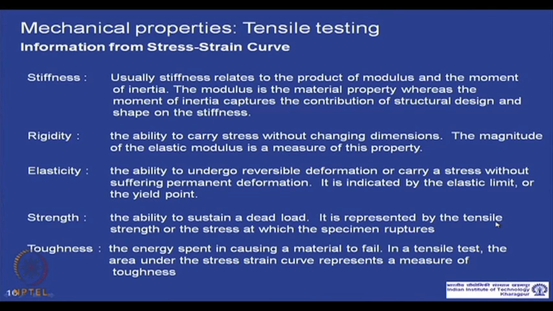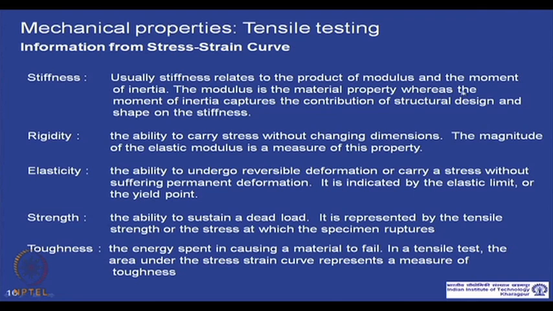Some terms related to tensile testing: stiffness is usually related to the product of modulus and the moment of inertia. Basically, if you have a specimen and you try to bend it, and you feel resistance to bending, you call the material stiff. That depends upon the moment of inertia, which is given by the shape and geometry of the specimen.